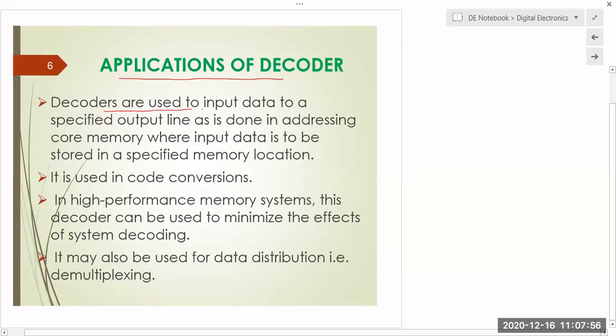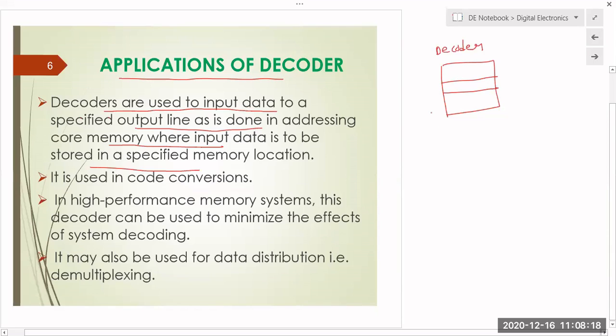Decoders are used to direct input data to a specific output line, as done in addressing core memory, where input data is to be stored in a specific memory location. Whenever I want to store data in a specific memory location, I will use this decoder.